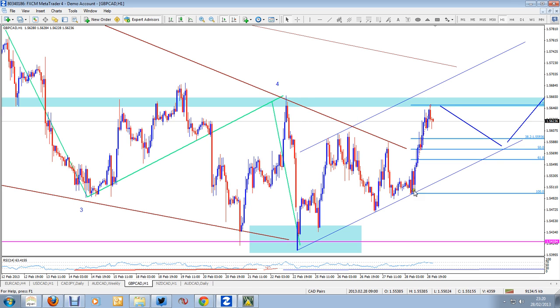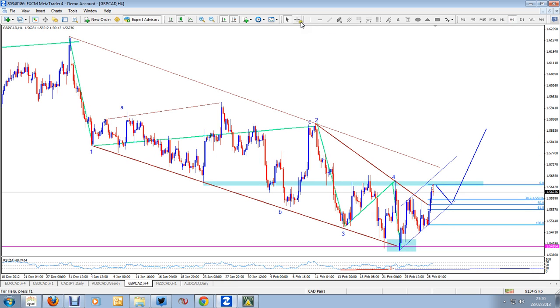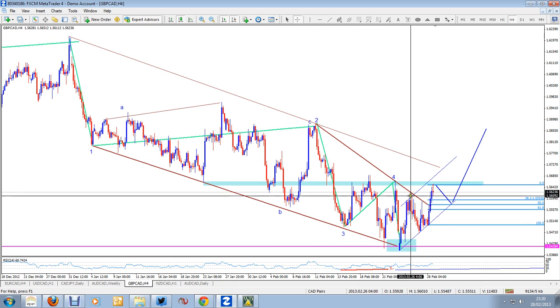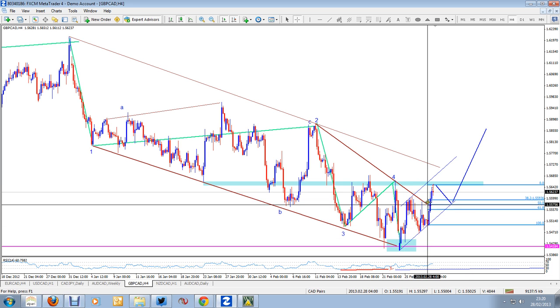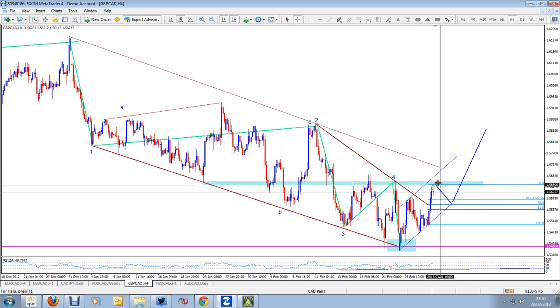Okay, so what I'm now expecting is we had this wave 1 and wave 2, we are now in a wave 3, and within wave 3 we go 1, 2, 3, small retracement to give us wave 4, so that could be a 38% retracement.